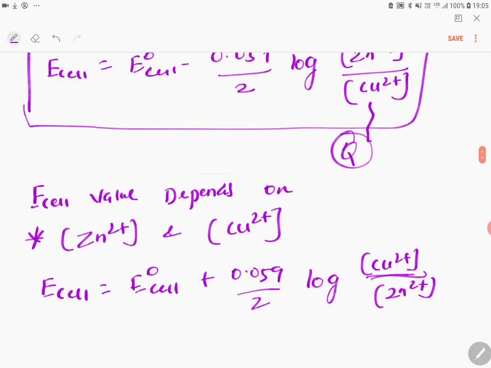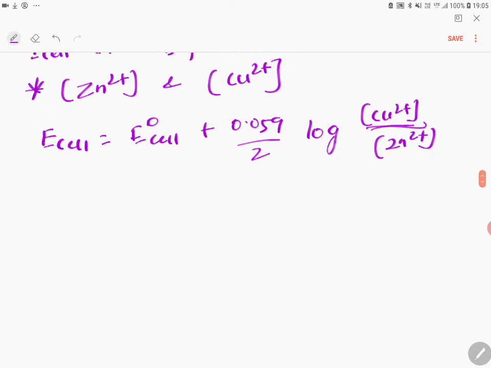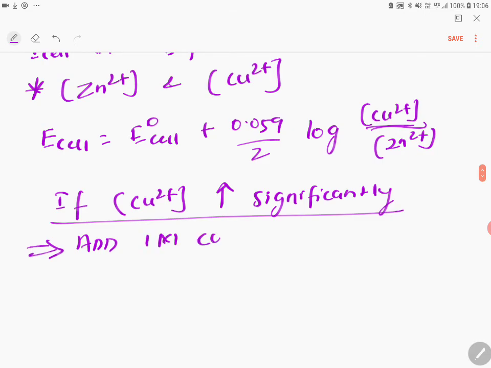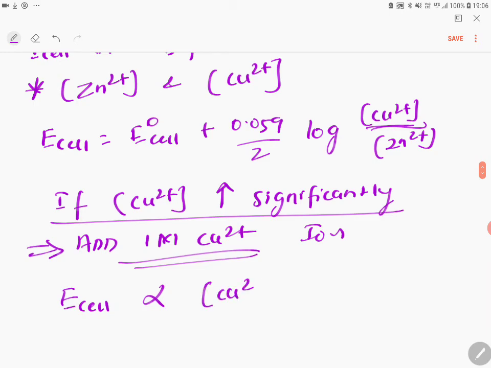Okay, why I am writing like this, I'll tell you. Because of the positive sign, that means if the concentration of Cu2+ increases significantly, so in the Daniell cell, suddenly I am adding, how can I achieve this statement? If I add another 1 molar extra Cu2+ ions, what will happen? What will happen to E cell? E cell is directly proportional to Cu2+.